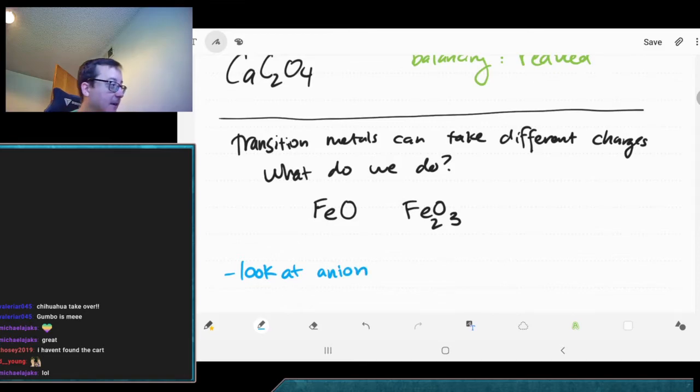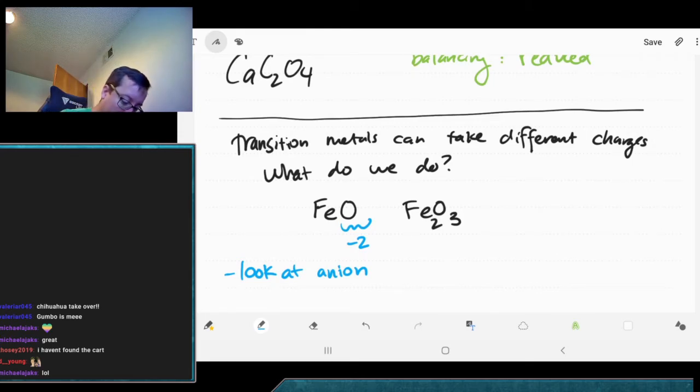Look at the anion. That's what we're going to do. We're going to say, okay, well, we know if we have one oxygen, it's -2. We know oxygen always takes the charge of -2 when it's by itself like this, as an anion.